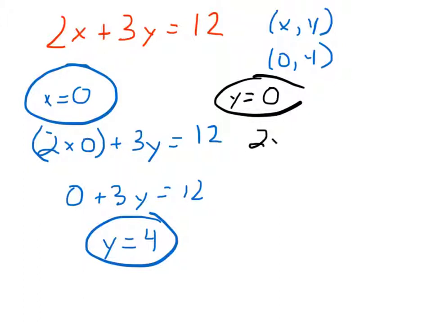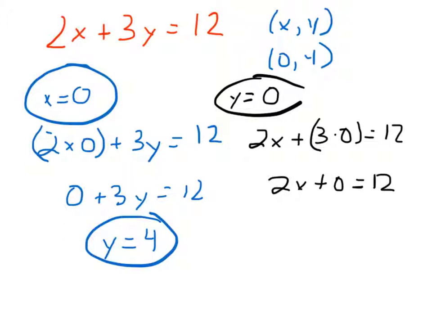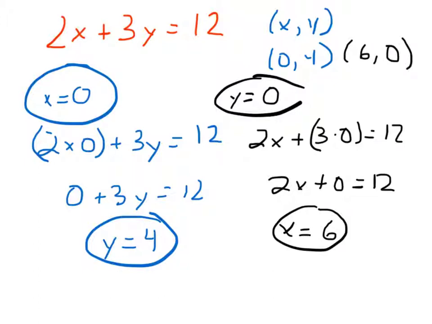So I'll have 2 times x plus 3 times 0 equals 12. So I'll have 2x plus 0 equals 12. So I know that x must equal 6. So now I have my second set of coordinates: x is 6 and y is 0. So let's go to the next page and graph those.